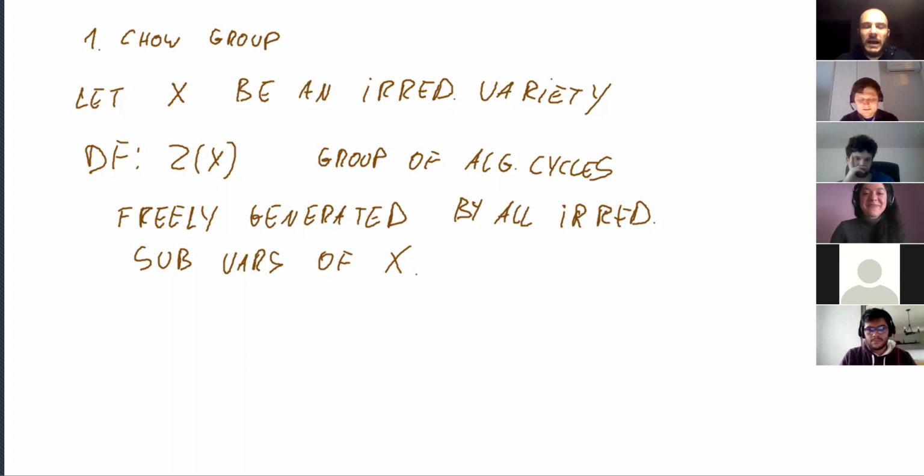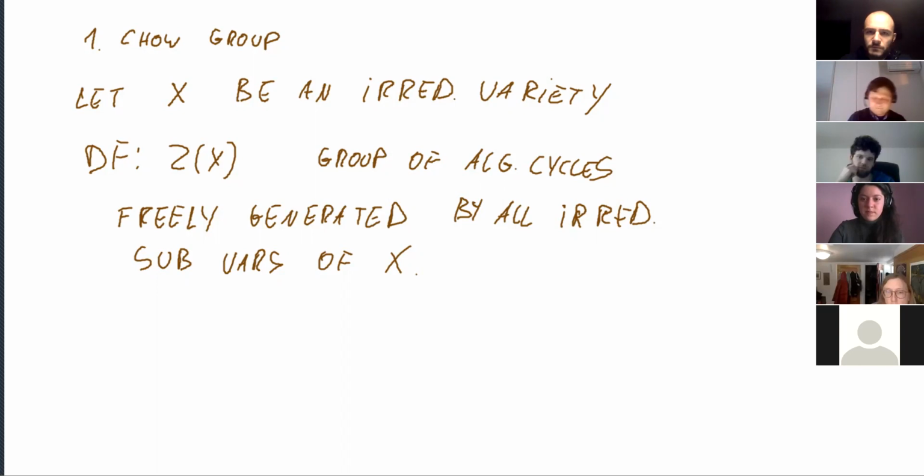So X is a variety in a projective space, right? So we think about it as embedded in a projective space, or all of the varieties we will be considering, in fact, they will be projective varieties, but a lot of things I say work in general. Okay, so it does not have to be a projective variety. Okay, thank you.